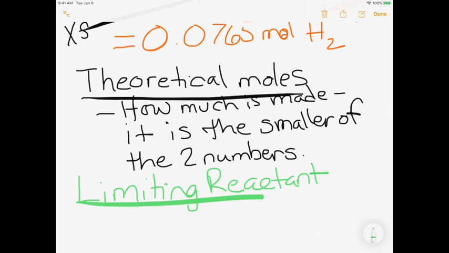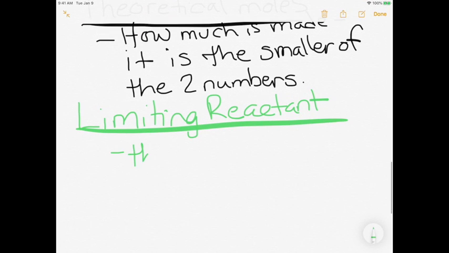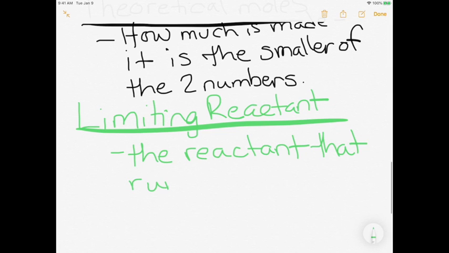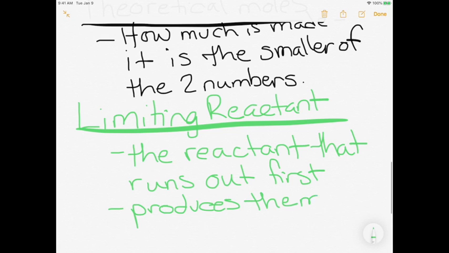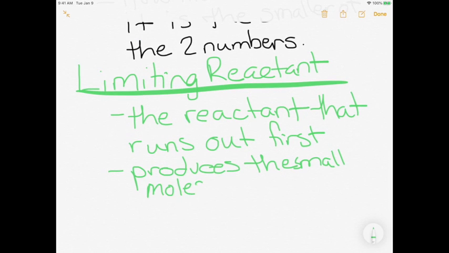And so our limiting reactant is the reactant that runs out first, and it produces the smaller moles of product. And limiting reactant, what I wrote up there is going to be noted by LR.